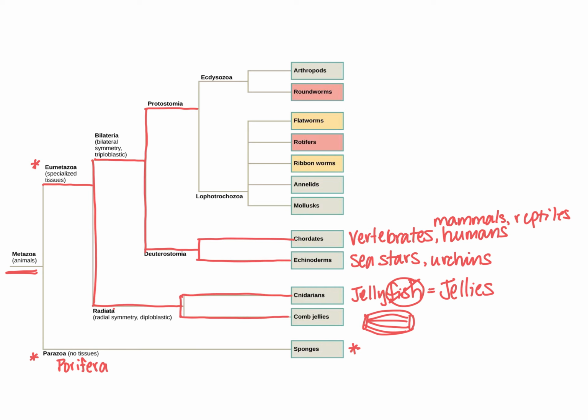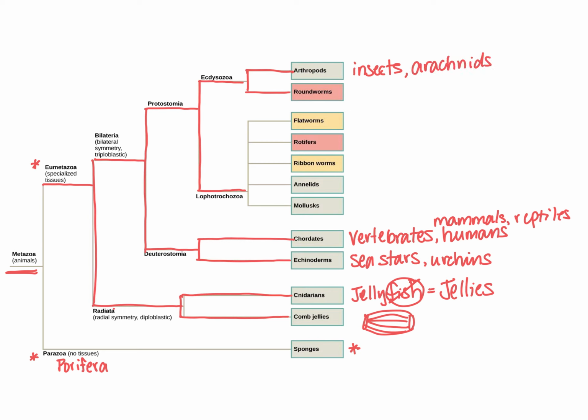But if we look up here at our protostomes, we can further classify them into ecdysozoa or lophotrochozoa. Up here at the ecdysozoa, we have our arthropods, which are going to be things like insects and arachnids.